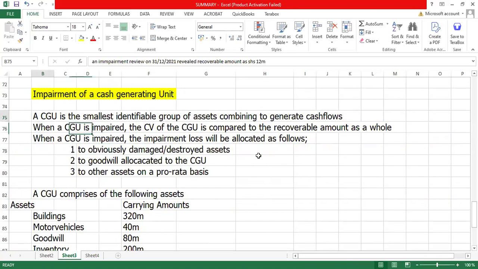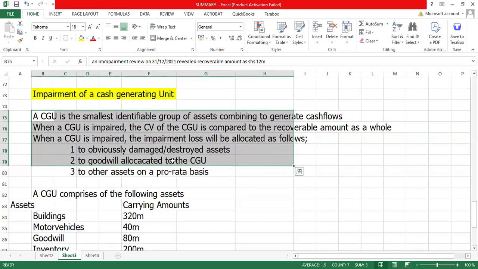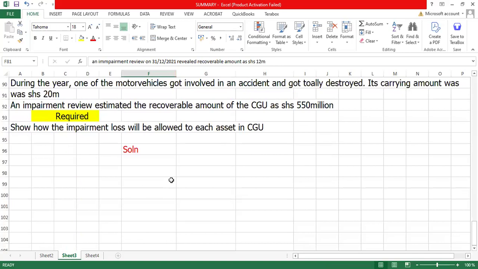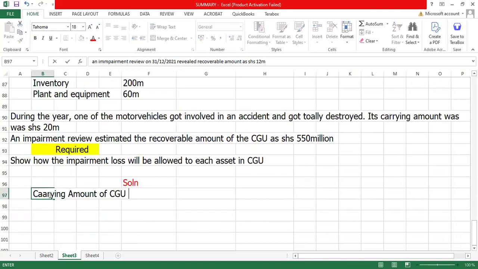When the CGU is impaired, what happens? How do you allocate the impairment loss? That is according to IAS 36. Now, you have the carrying amount of the CGU, the cash generating unit.